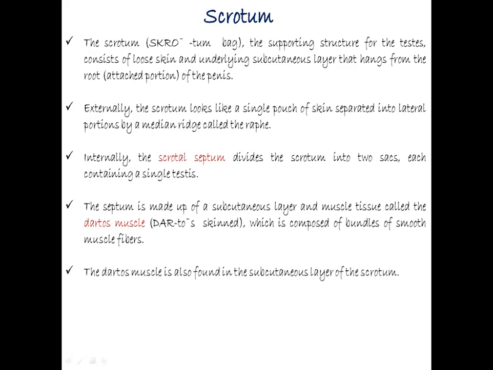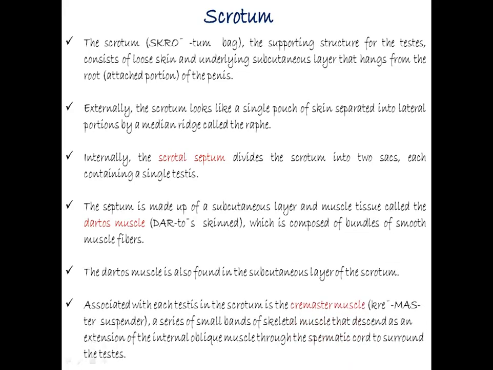The dartos muscle is also found in the subcutaneous layer of the scrotum. Associated with each testis in the scrotum is the cremaster muscle, a series of small bands of skeletal muscle that descend as an extension of the internal oblique muscle through the spermatic cord to surround the testes.